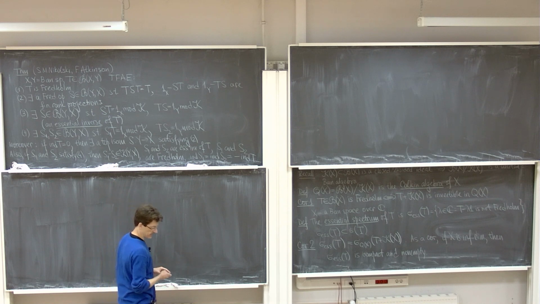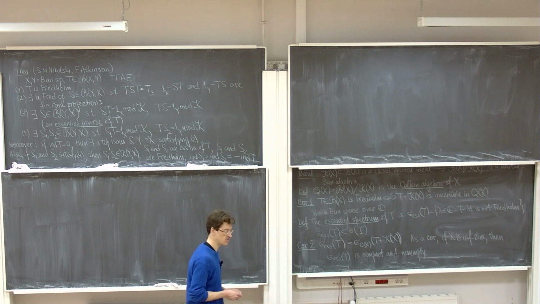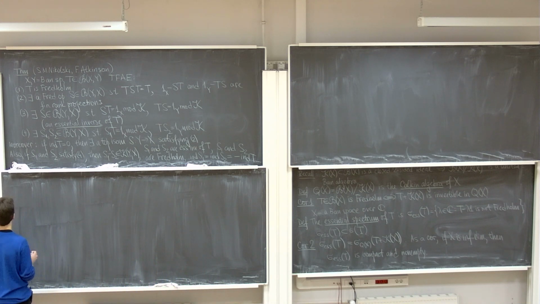Okay. Our next goal will be to show that the Fredholm property and the index are stable under small perturbations. So more exactly, well, first of all, let's introduce some useful notation.